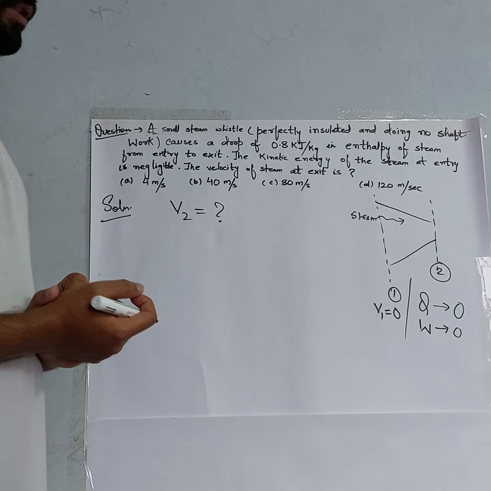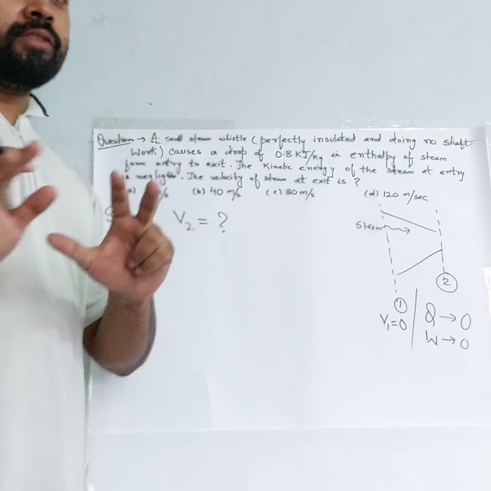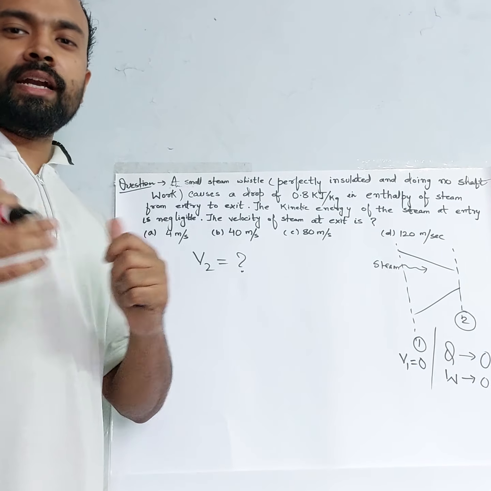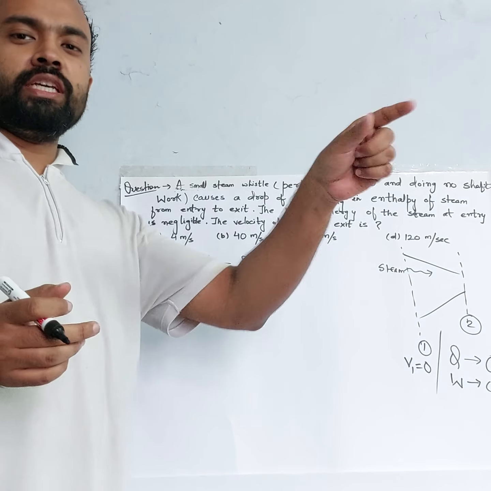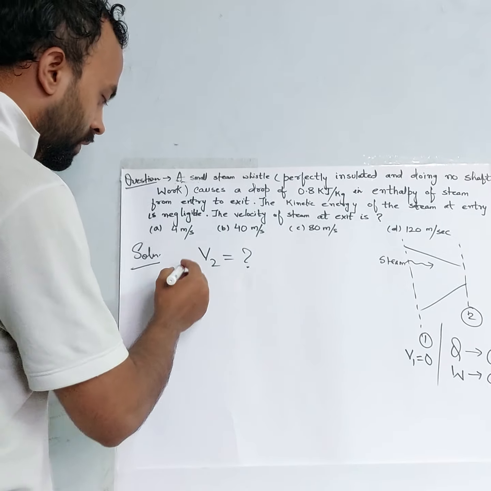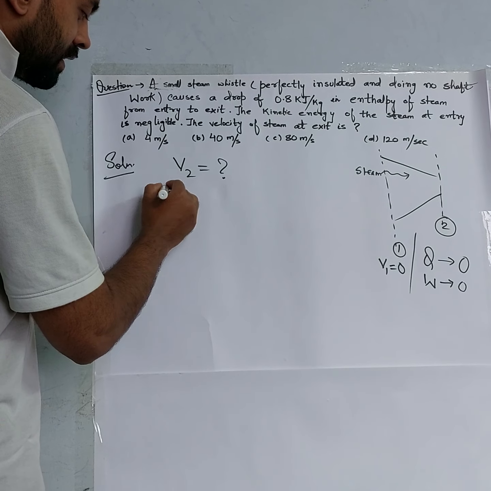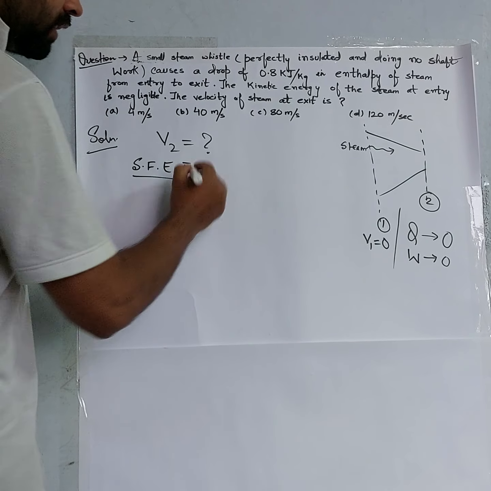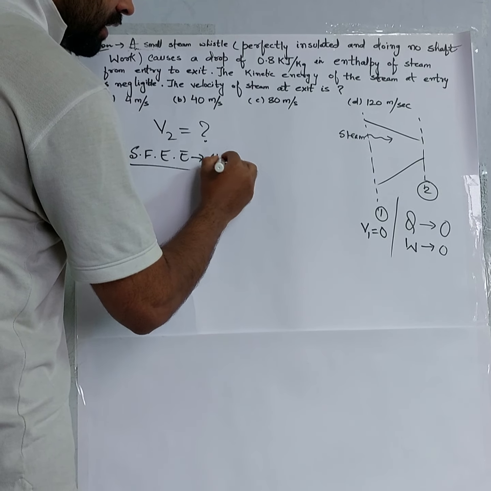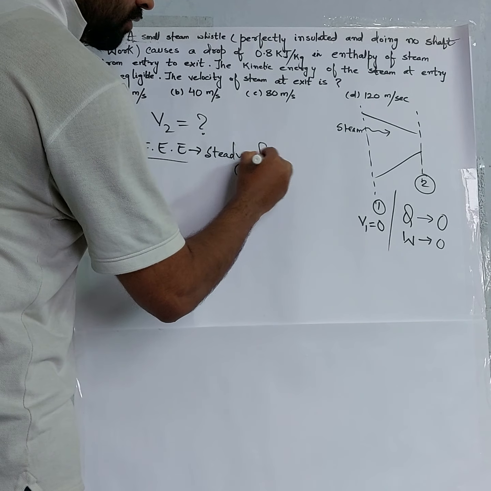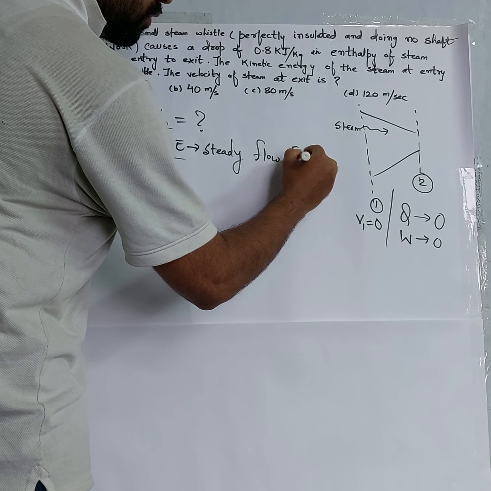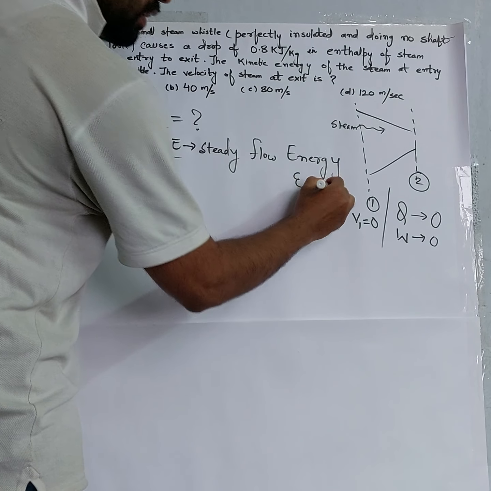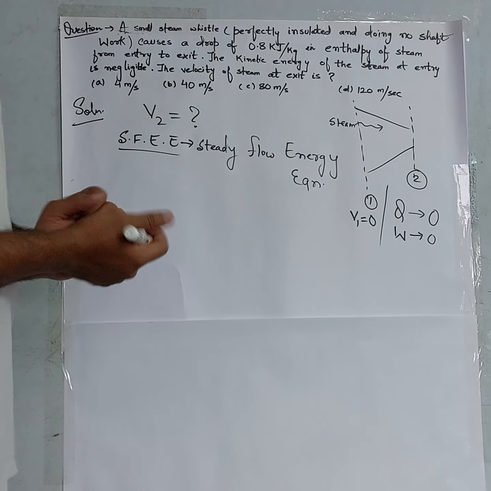So how to solve this problem? This problem is very easy. You just have to apply SFEE, the steady flow energy equation. Just apply it, you will get the answer.